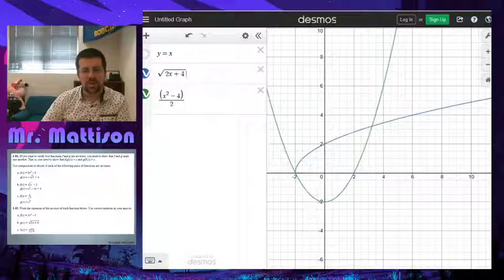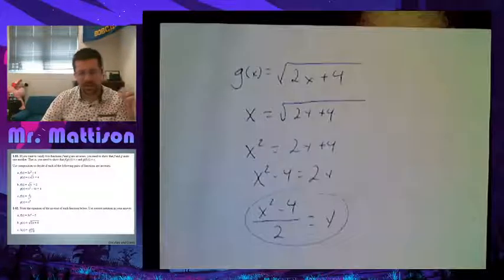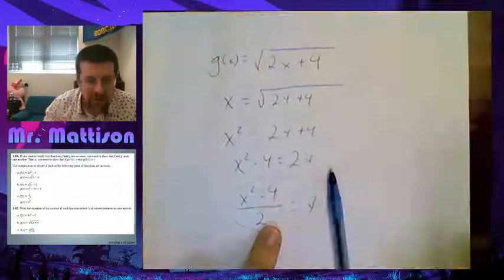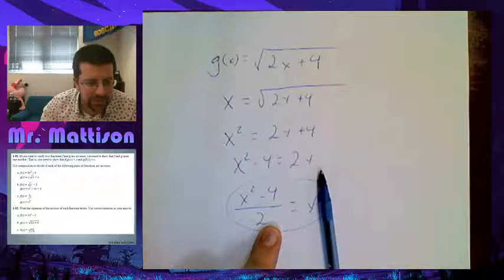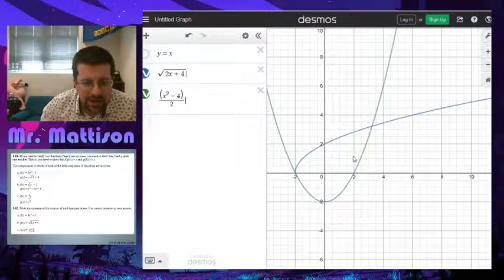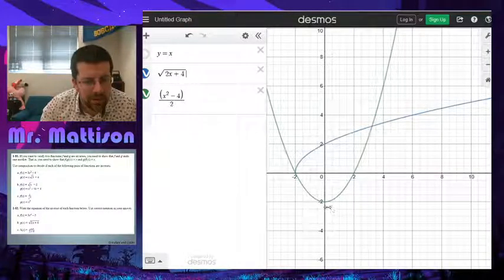So if I go back to this, I need to restrict the domain on this part. Now what do I need to restrict the domain to be? Well, if I look at my screen here, I need it to be only the right-hand side of this graph. So when x is 0 or bigger, I'm good, but when I'm less than 0, I don't want that anymore.